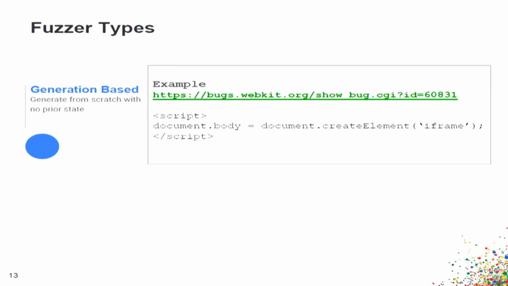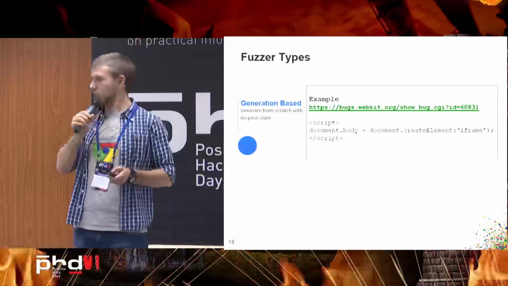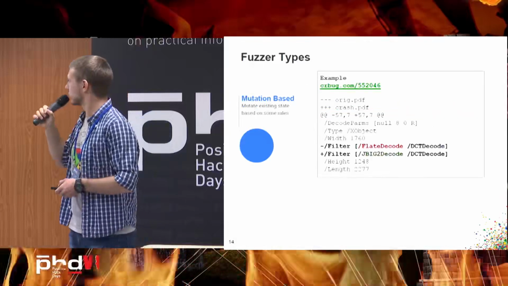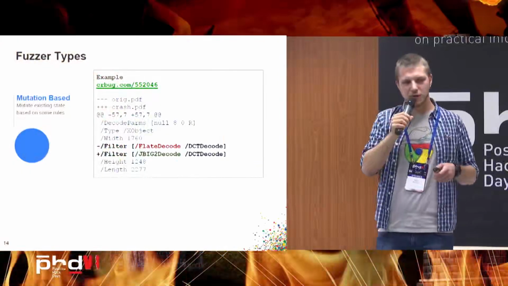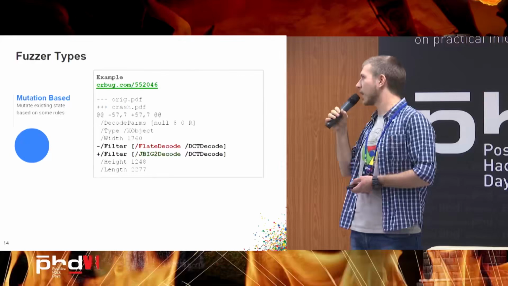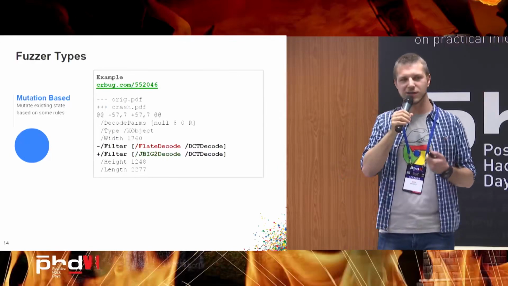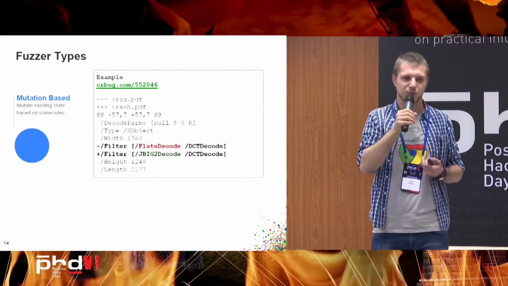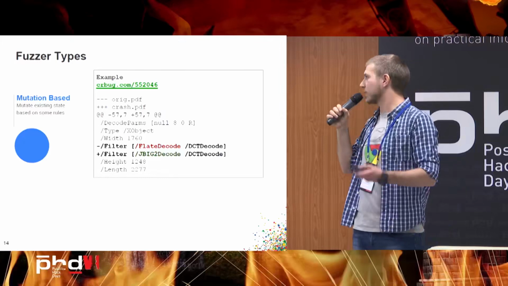Well, that would be an example we discovered in WebKit quite some time ago. So the fuzzer used such tokens in JavaScript, so it would permutate them until it found bugs. Another one is mutation-based fuzzers. So these guys do not generate data from scratch. Instead, they use a library of valid operands, valid files.